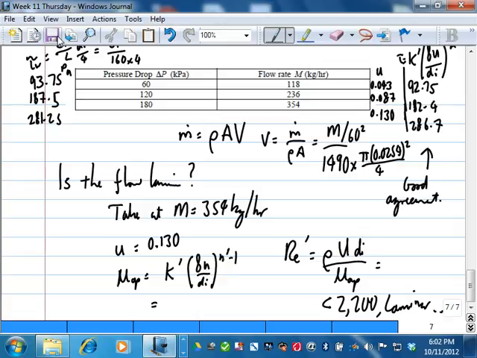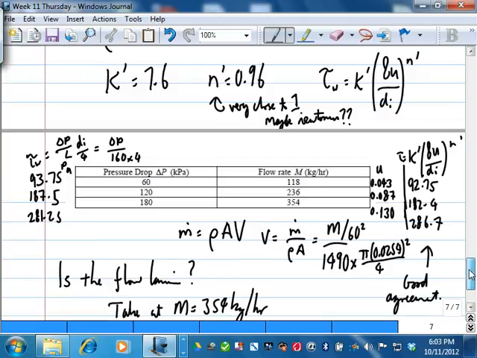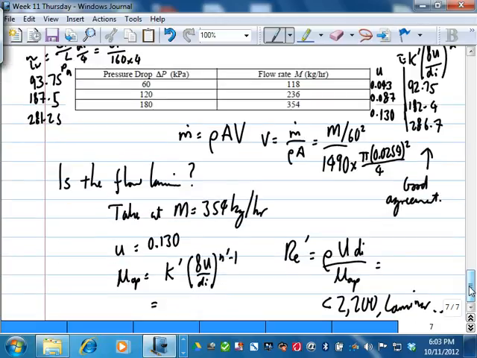Mu AP. What's the answer? A times U. This one is very small, 0.04 to the power of nearly 0, so you get somewhere very close to 7.6. 6.55.